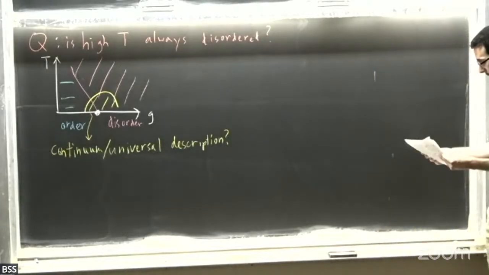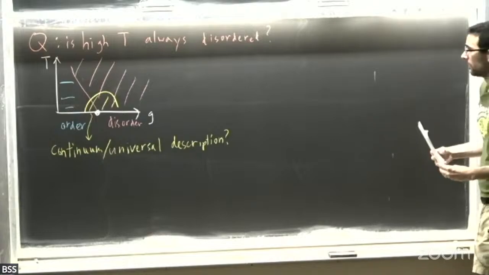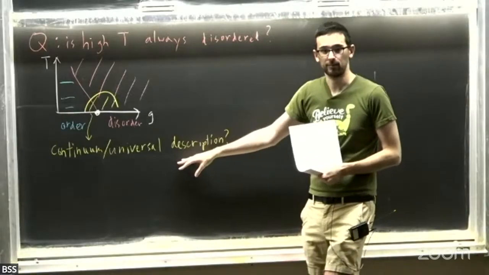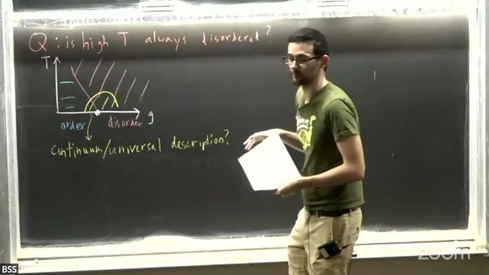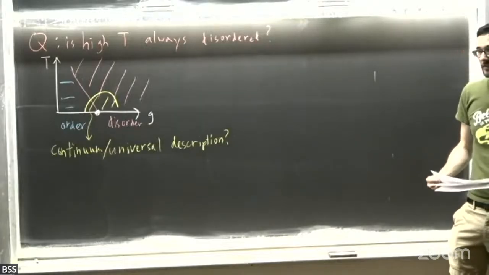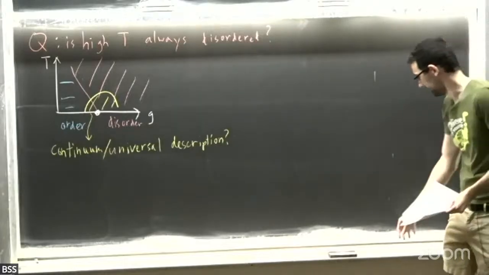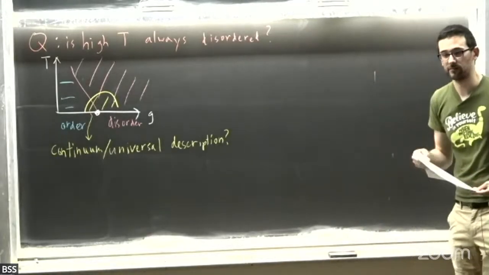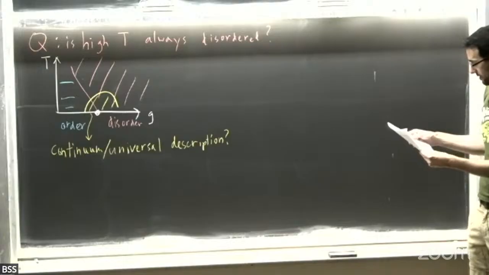From the field theorist's perspective, I would say it probably seems ridiculous, that you're never going to order at high temperature, because certainly all of the field theories that we usually think about would not have this property. It just seems quite weird.